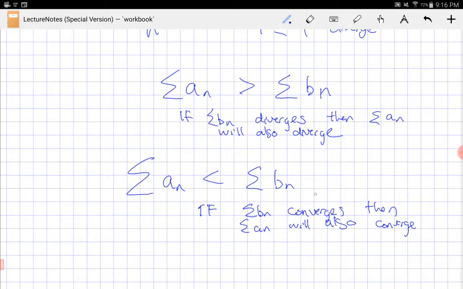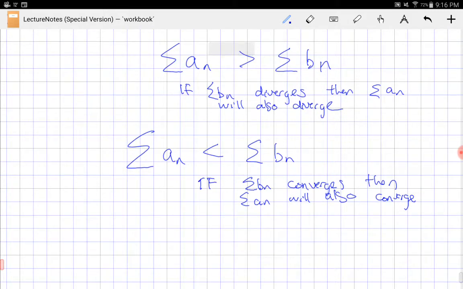So these are the two meaningful comparisons we make. Obviously, if we know that an is greater than bn, and we know bn converges, then it's not a meaningful comparison, because an is larger than a finite number, but we still don't know if it is a finite number or if it just increases unbounded.